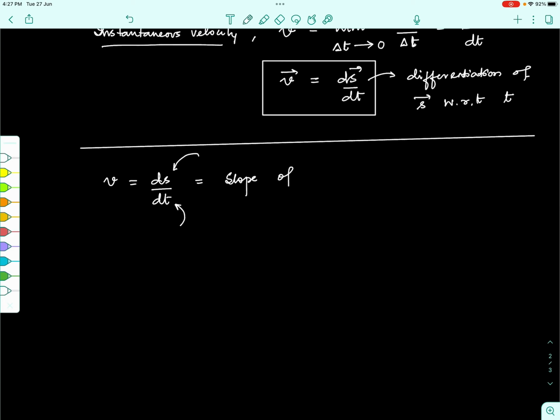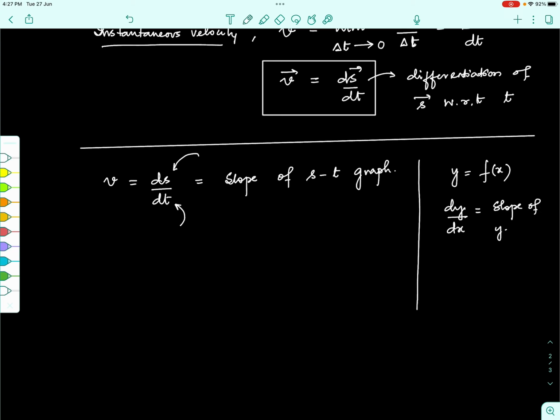So, the slope of the s versus t graph is given by ds by dt. This we know in general, that if we have y, which is a function of x, that means y depends upon x in any way, then dy by dx gives us the slope of the y-x graph, right? So, in the same way, here we are dealing with the distance time graph.